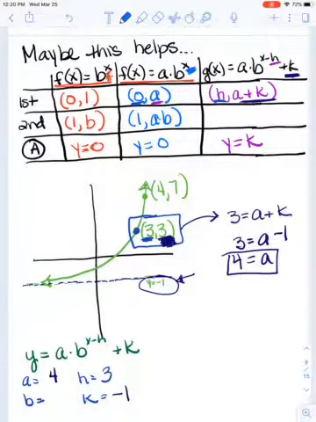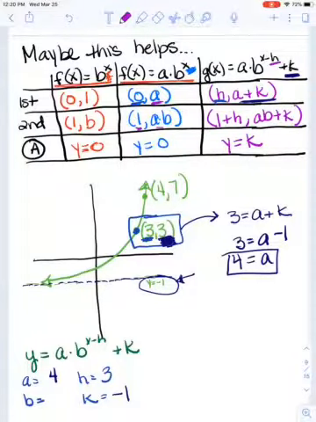What happens when I come over to my transformation where I have it moved right or left, up or down? Again, I started at 1, I moved right or left, so that's going to be 1 plus h. And then I had this y value and I moved it up or down, so that's going to be a times b plus k.